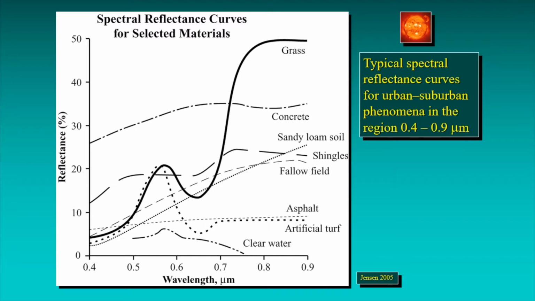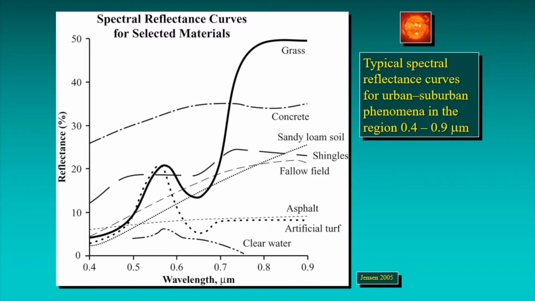Anyway, what we see here are various types of materials plotted. We have percent reflectance values for grass, a fallow field, soil, concrete, various building materials, asphalt and water. Those are low reflectance values across much of the wavelength range there.